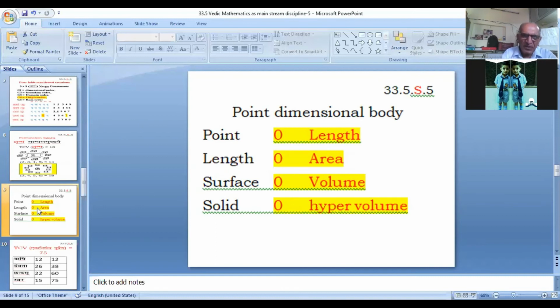Therefore, the concept of a point dimensional body is the basic concept. This point, as such, becomes a structured point. Therefore, the point is to be approached as a structured point. The point as a structured point takes us to the zero Meyer for the Meyer rod of the concerned dimensional space.